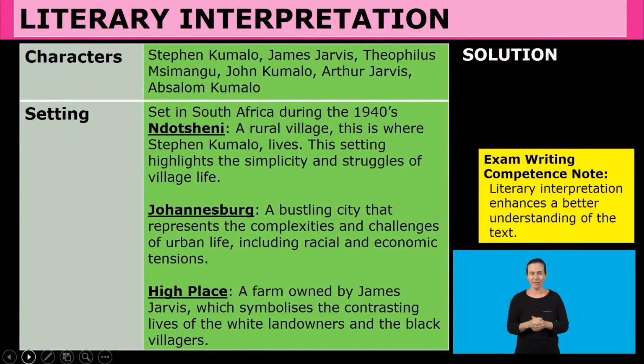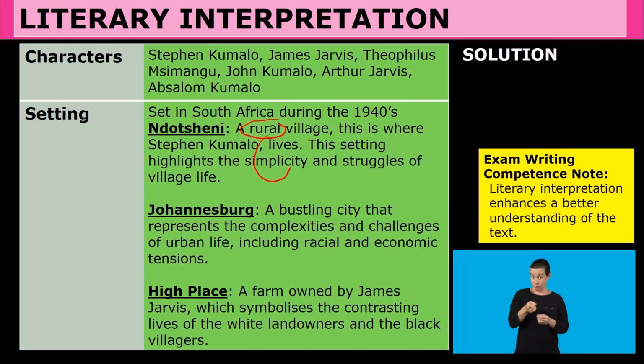This setting highlights the simplicity as well as the struggles of village life. Now, please take note, we've identified the rural, for that misinterpretation there. Now, I want you to see how the novelist uses simplicity. So he's trying to convey this message that the rural village is rather simplistic in the way they live.